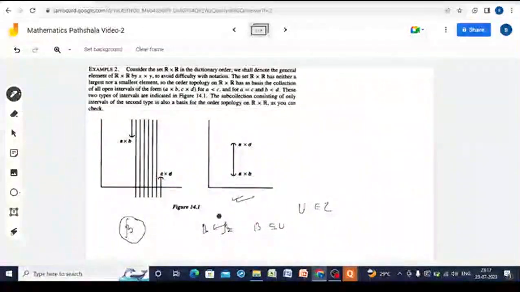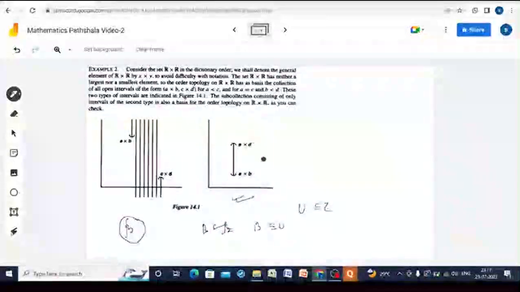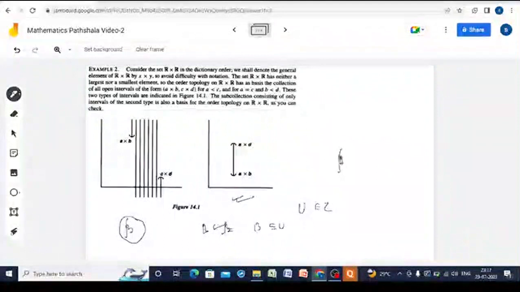First of all, we have this type of collection by option 4, and it is also written here that if we consider the collection, say script B2, of all such line segments parallel to y-axis without the endpoints, it will form a base for the topology tau.